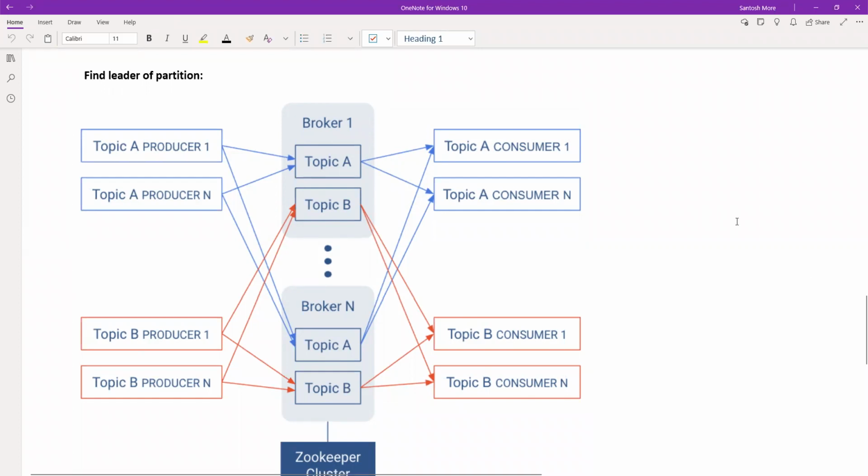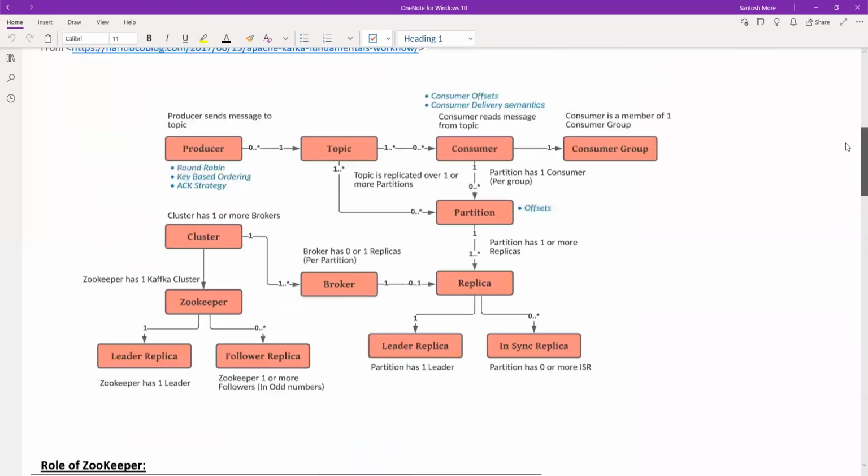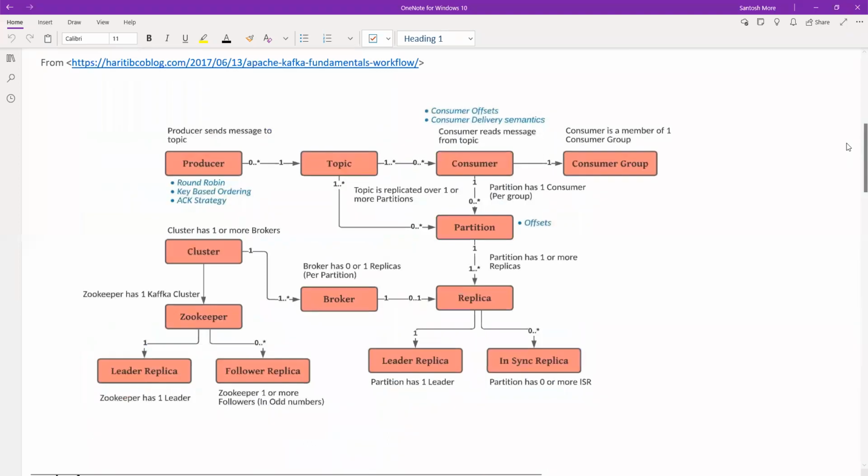If you try to rebalance the partition again, the partition ordering will not be guaranteed. Frankly, I don't know, that is what they said. Maybe if you don't use the key-based ordering and it's round robin with all partitions the same, and we don't bother about the ordering of the messages, then rebalancing partitions might make sense.